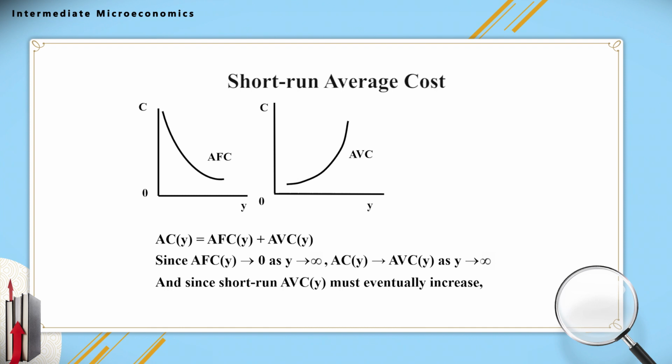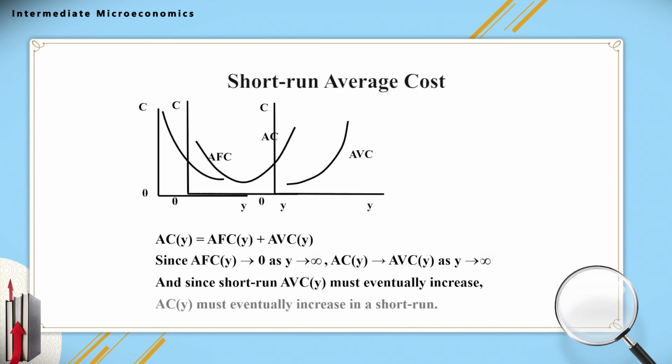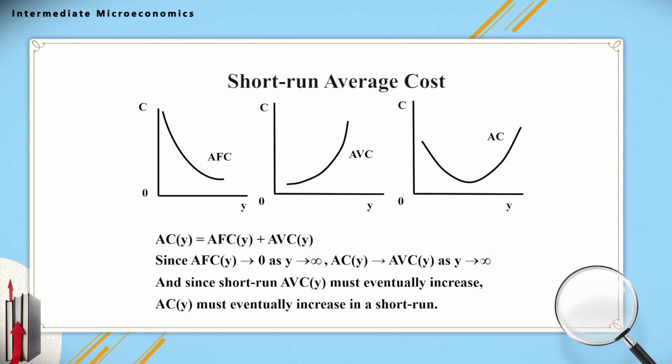Since the AC and AVC curves are gradually approaching, and the AVC curve will eventually increase, the AC curve will inevitably increase after output exceeds a certain level. Therefore, the short-run AC curve must be U-shaped.